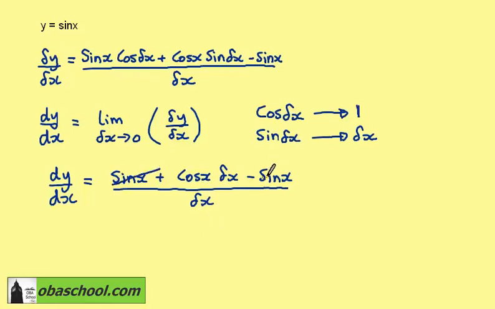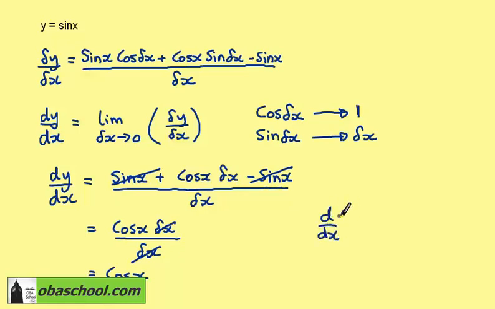The sine x's cancel, giving us cos x times delta x divided by delta x, and the delta x's cancel, giving us just cos x. So if we differentiate y equals sine x, we get dy dx is cos x. By a similar method, we can show that the differential of cos x is minus sine x.